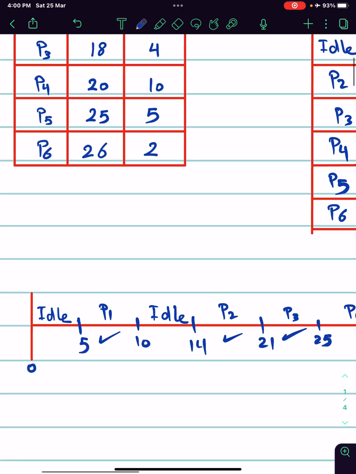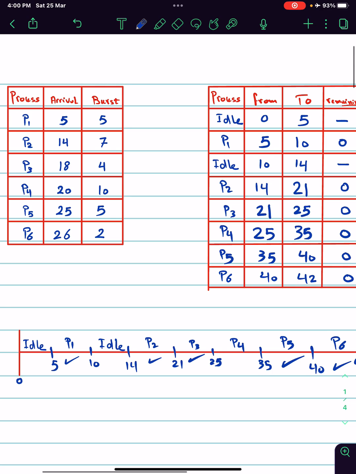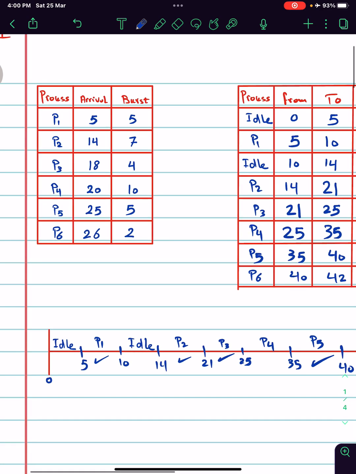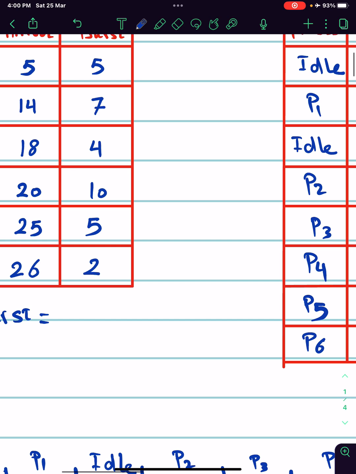Let's do a quick sanity check. Sigma of bursts equals 5 plus 7 plus 4 plus 10 plus 5 plus 2. That would give you 12, 16, 26, 33.